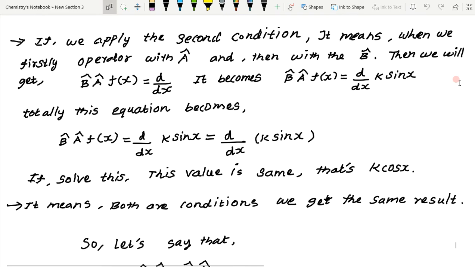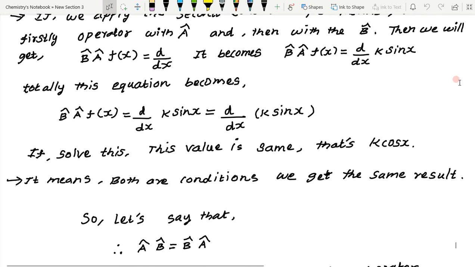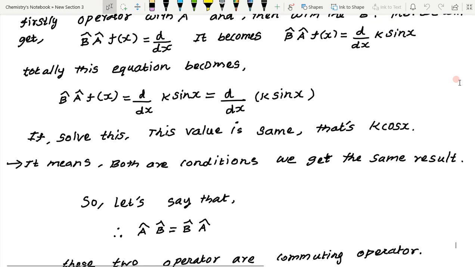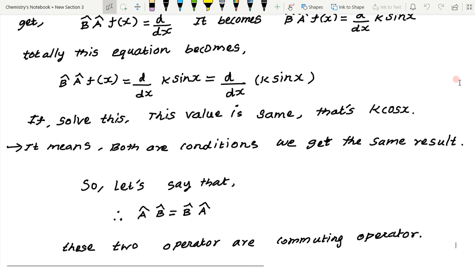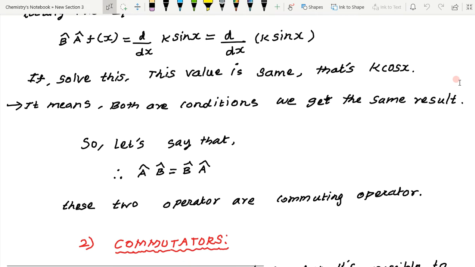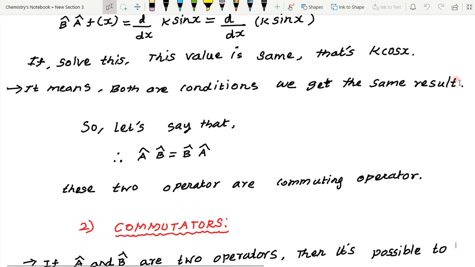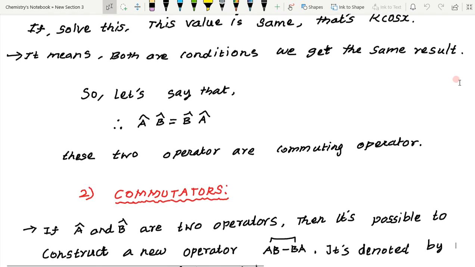If we solve this, the value is the same, that is k cos x. It means in both conditions we get the same result. So we can say that operator A operator B equals operator B operator A. These two operators are commuting operators.